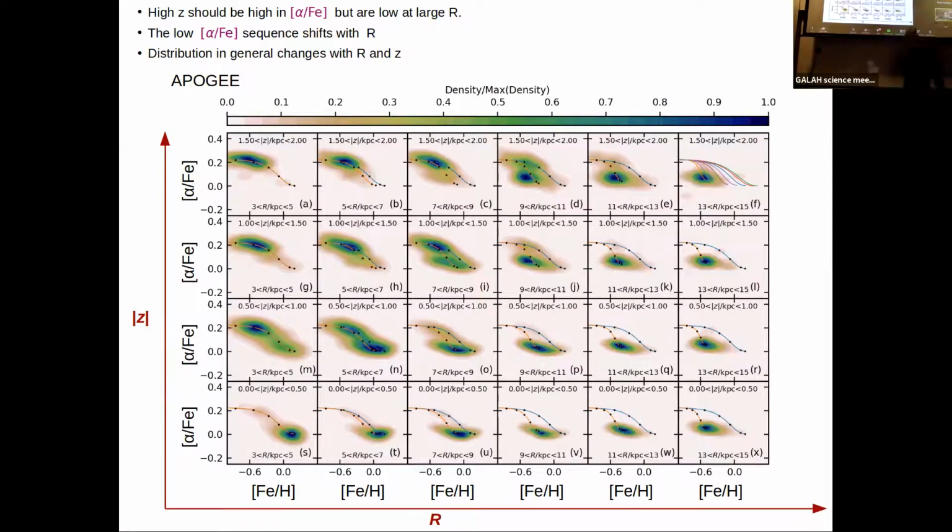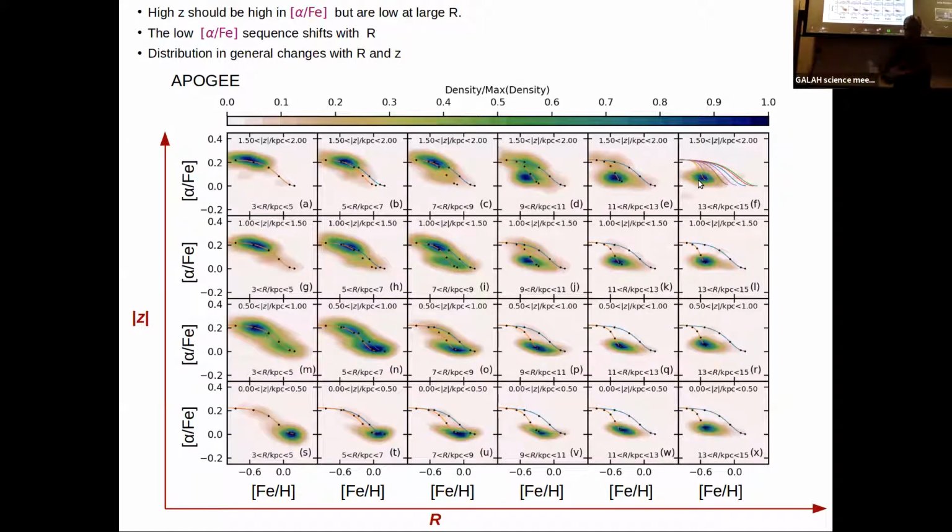But this is the famous Hayden plot, looking at the alpha over Fe plane at different R and Z locations. R is increasing along the right and Z is increasing here. If you look at the topmost slice, which should be the high alpha, if it is thick disk, you see that once you go to the outer disk, it becomes low alpha.